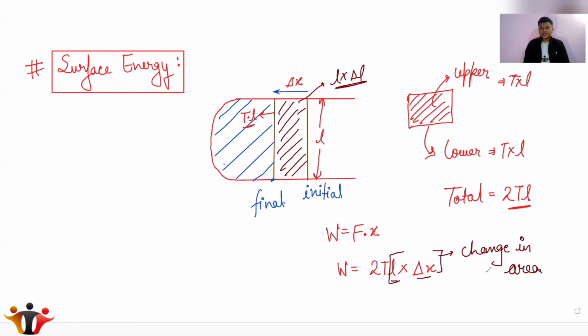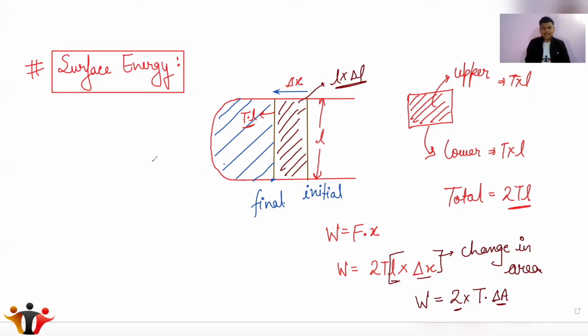So we can write that work done is equal to 2 into surface tension T into delta A, that is, T times twice the change in surface area, because the surface area is changing on the upper side as well as the lower side.